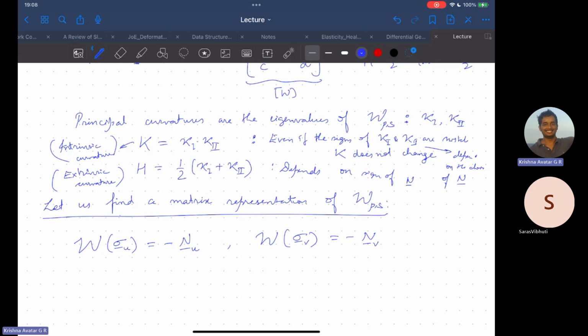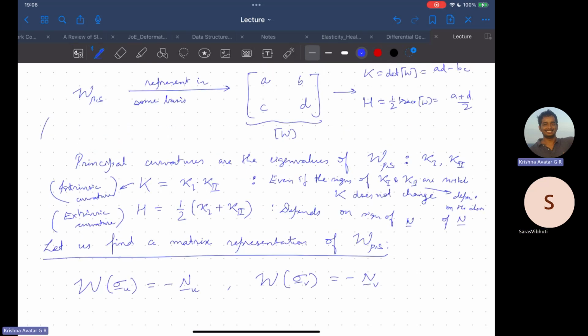As an example, say you have this surface, and let this be sigma_u and this be sigma_v. Then sigma_u cross sigma_v gives us the n vector.